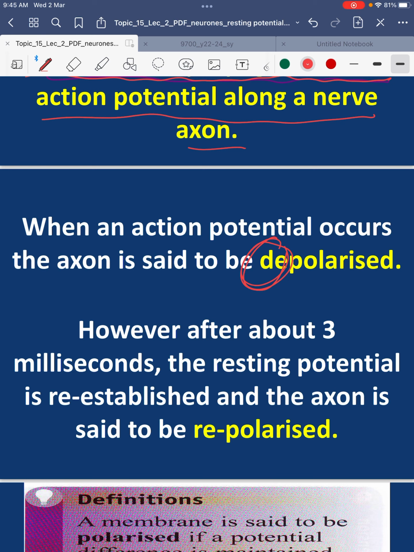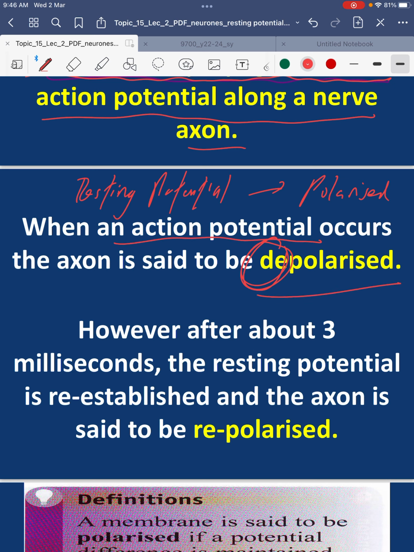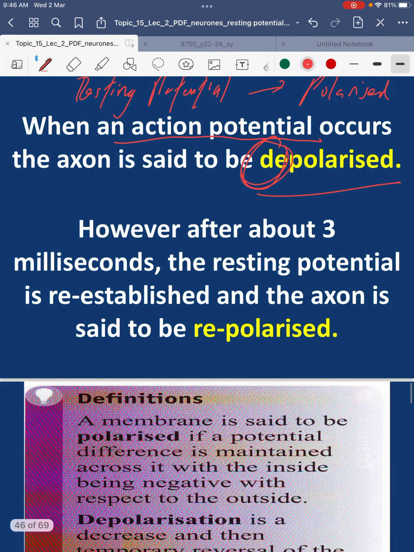So at resting potential, the axon is said to be polarized. When action potential occurs, it is said to be depolarized. However, after about 3 milliseconds, the resting potential is re-established and the axon is said to be repolarized.